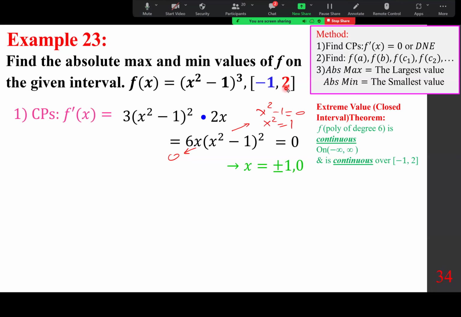Is 0 in between? Obviously. Is positive 1 in between? Obviously. Is negative 1 in between? It's not in between, but it's one of the endpoints, so you have to evaluate it anyway. So you have to evaluate the function at the endpoints as well as 0 as well as 1.